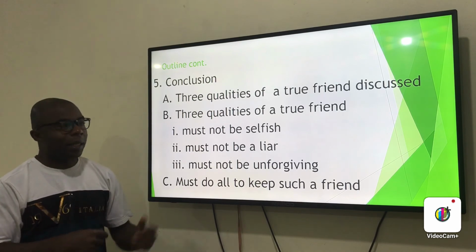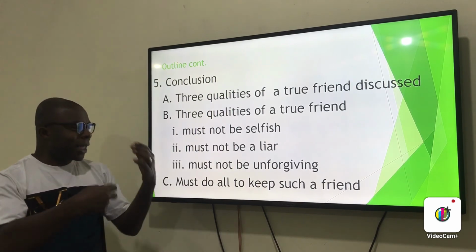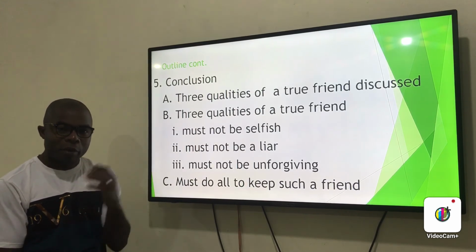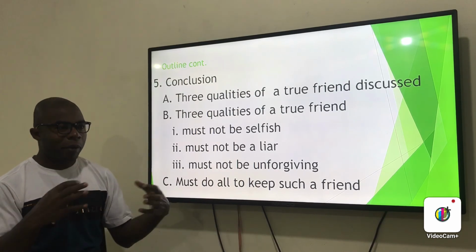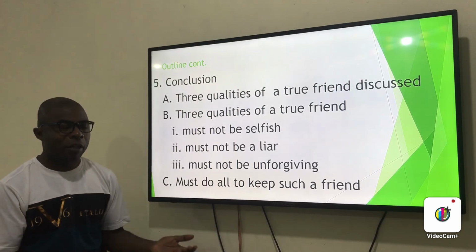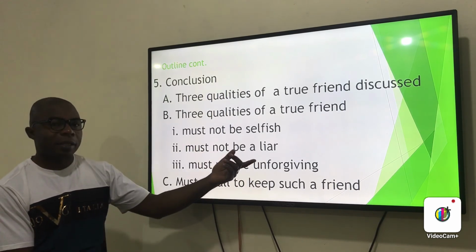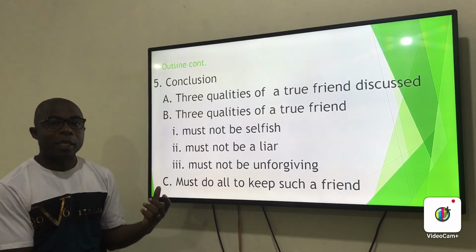Remember that in the introduction we said, what? Selflessness. But this has been turned in another way, must not be selfish. If you are selfless, you are not selfish. So the same point, but rearranged differently when it comes to language use. Must not be a liar. Of course, it's saying the same concept of must be truthful.